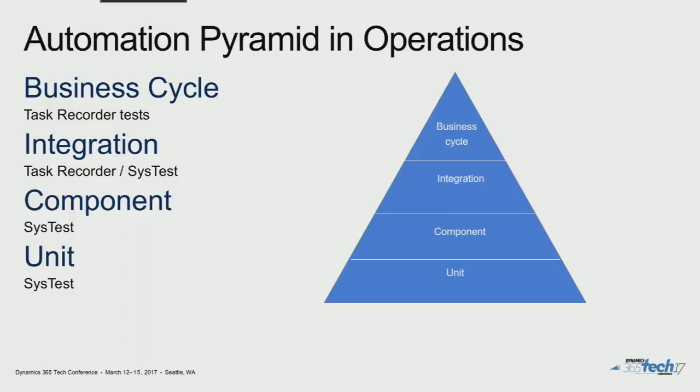So a lot of our challenges from a performance standpoint were because those tests, whenever you have a test that interacts strictly through the UI, it's fraught with problems. That's just the way it's always been. Tools are better today than they have been, but it's still a bit of a challenge. So sys-test and task recorder tests, although we're going to talk mostly about task recorder tests being generated into sys-test tests.